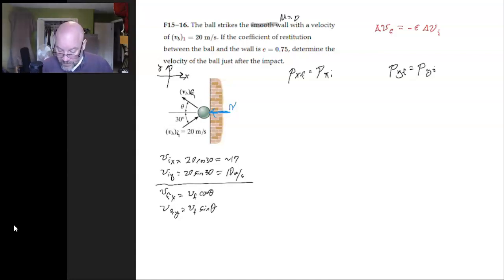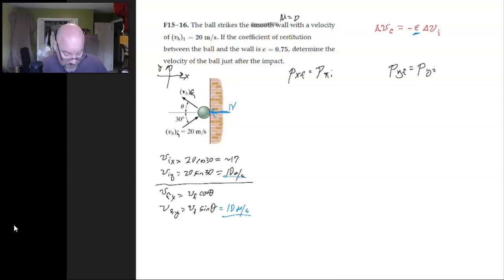Our coefficient of restitution here affects the motion in the x direction, not in the y direction. So that really means that my final y is still just 10, just like this. Whatever I had here for y, that's what I've got to have there.